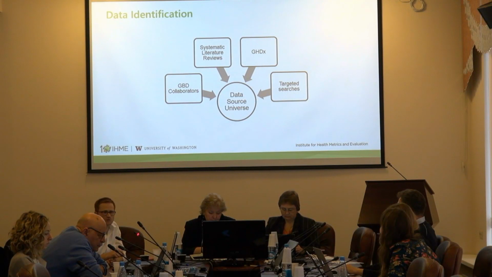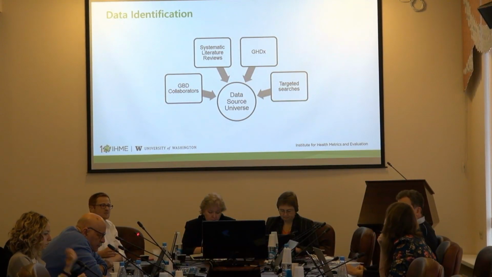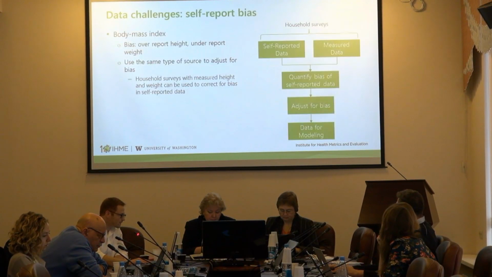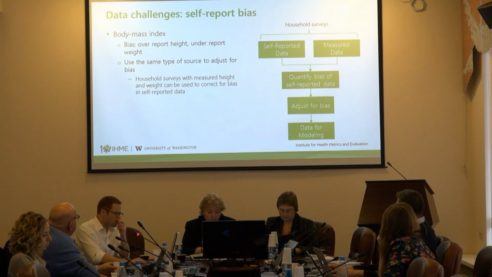And then in some cases, we do targeted searches. So we may have a risk where there's a particular region where we haven't found any data through our normal search mechanisms, and we'll go to government websites, for example, for countries where we're missing data, and we'll look specifically for those and try to find those.